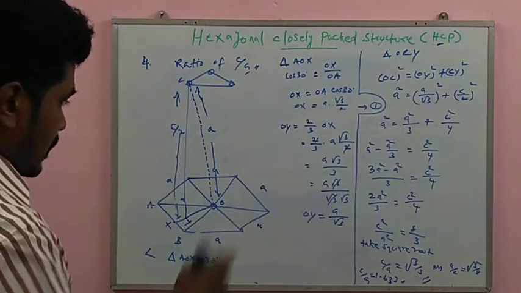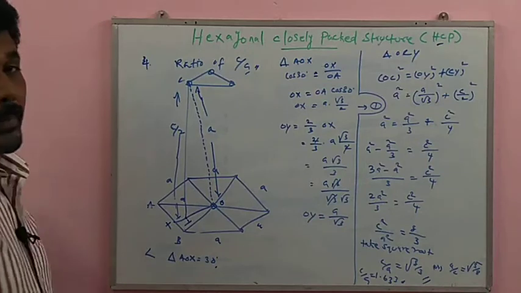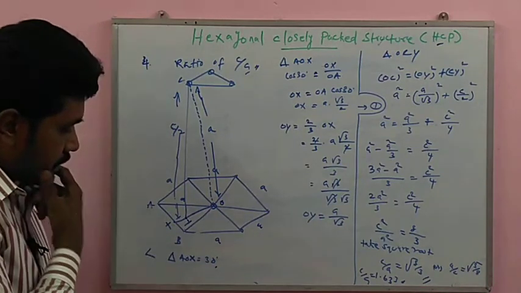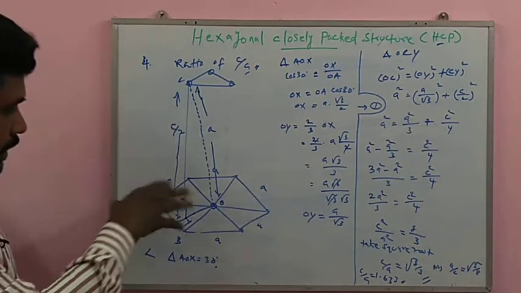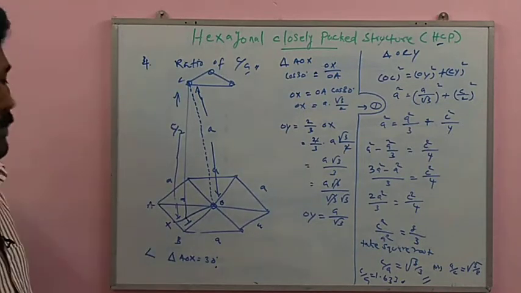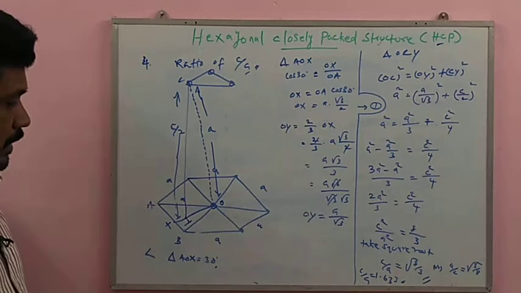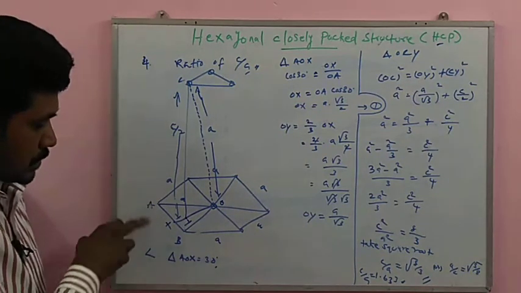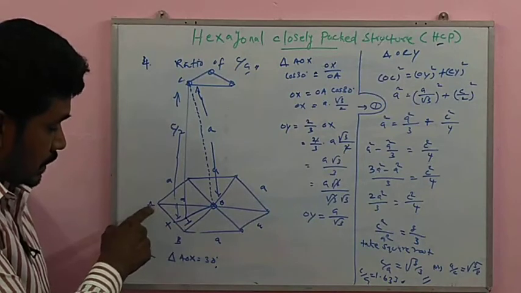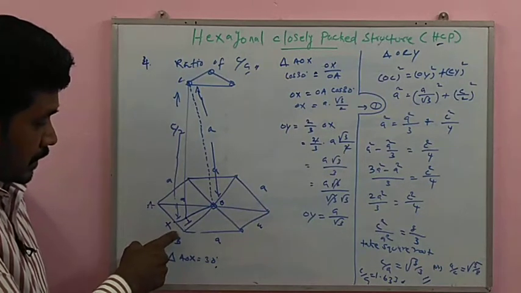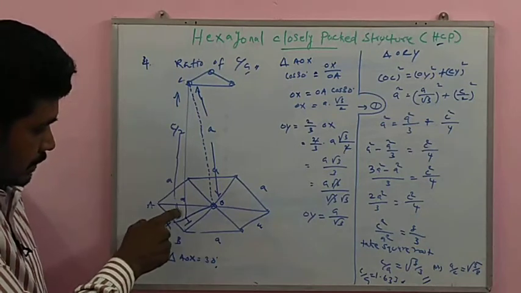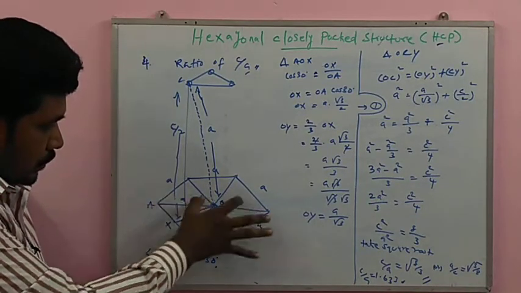Okay, so next we find the atomic packing factor. First we find the unit cell calculation. The volume of the unit cell is equal to 6 into 1 base centered triangle, into height. In one base there are 6 base centered triangles: 1, 2, 3, 4, 5, 6.